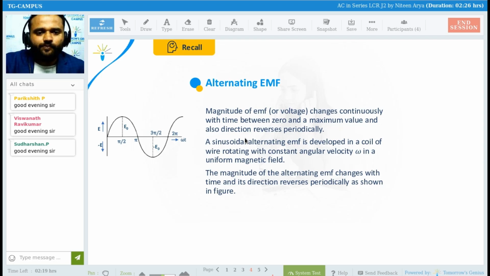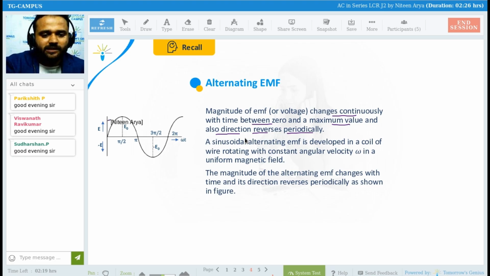Now, alternating EMF. So quickly recalling this: the magnitude of EMF or voltage changes continuously with time between 0 and a maximum value, and also the direction reverses periodically.